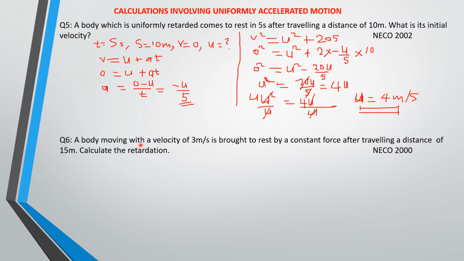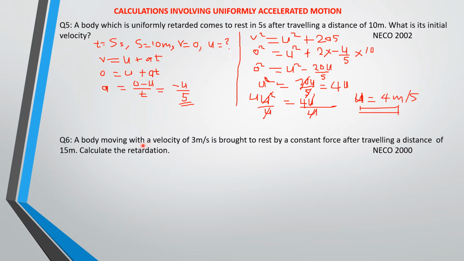Okay, so this is another problem that we need to solve. This one states that a body moving with a velocity of 3 meters per second is brought to rest by a constant force after traveling a distance of 15 meters. Calculate the retardation. So you are given the initial velocity to be 3 meters per second, and the body is brought to rest after traveling a distance of 15 meters.